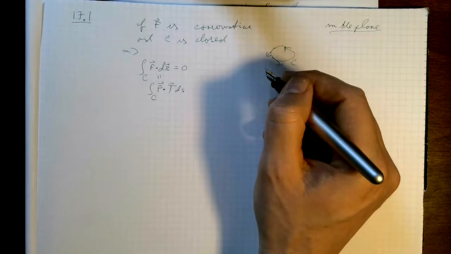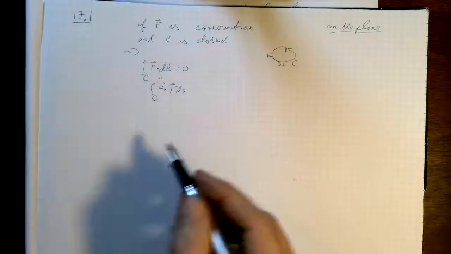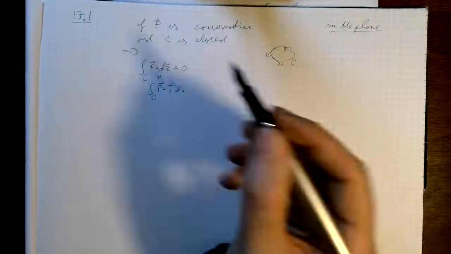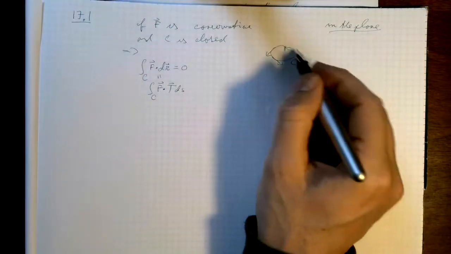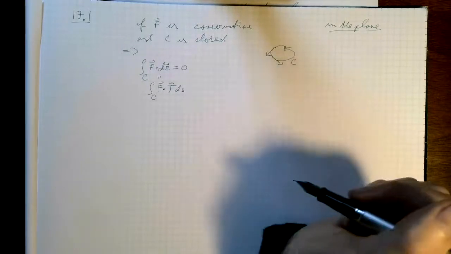If whatever is going around with velocity f is going around like this, we get a positive number. If it's going around like this, we get a negative number.